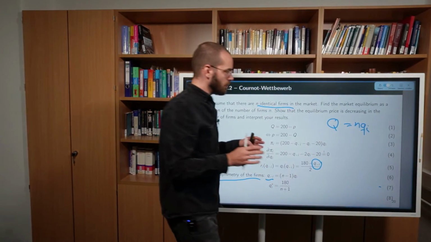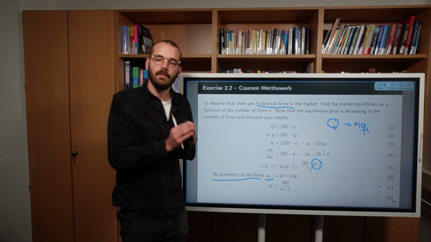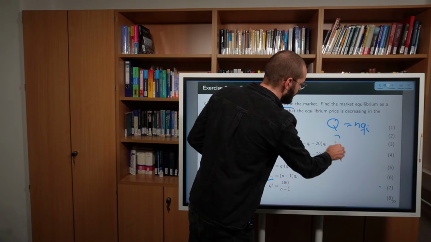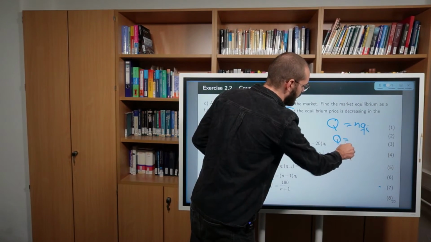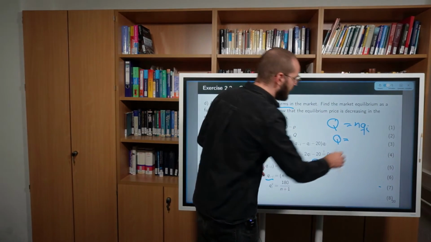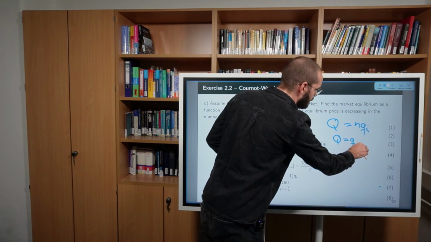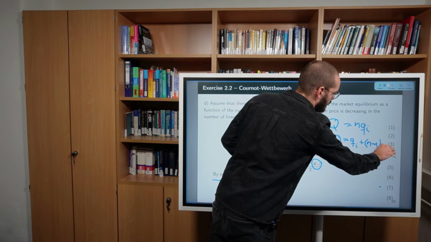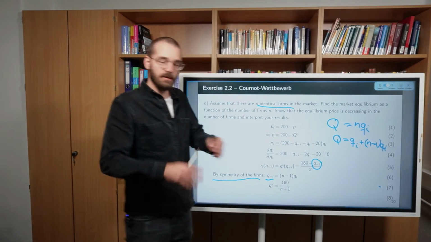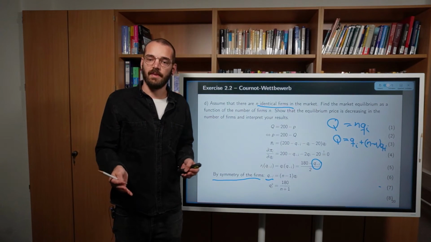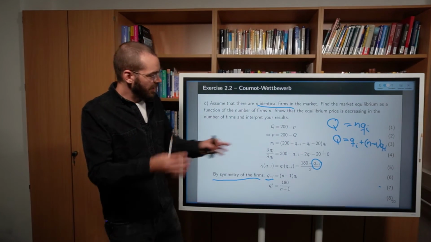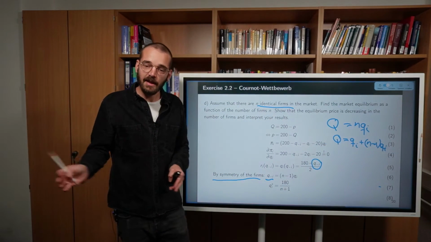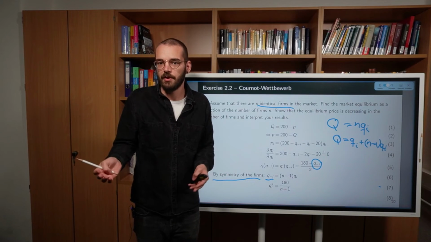If we now want to consider one single firm i and have a look at all the other firms separately, then what we can do is restate this expression, say the total market quantity, capital Q, equals Qi plus n minus 1 times Qi. Alright, so we have in total still n firms in the market, but now we take a look at one of them and we know that the remainder of the quantity equals n minus 1 times Qi, okay?